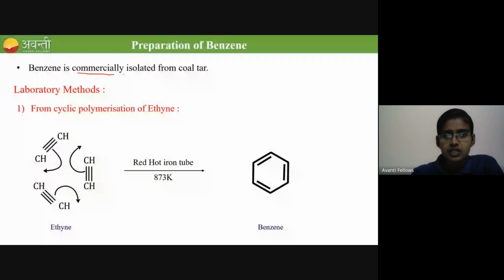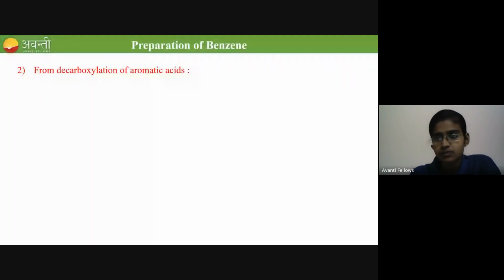from decarboxylation of aromatic acid. The same type of reaction we have studied in alkane preparation. There we took the aliphatic salt of carboxylic acid, and here I am taking the aromatic salt of carboxylic acid.